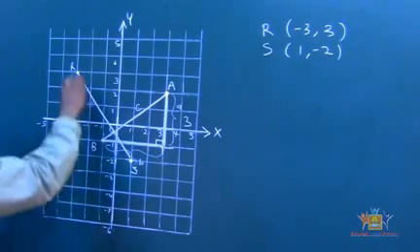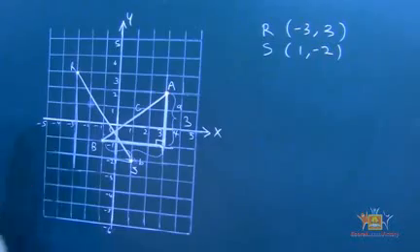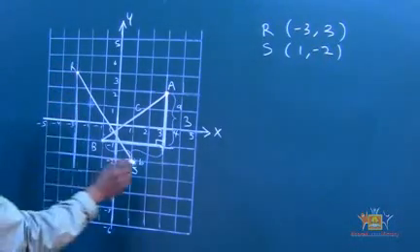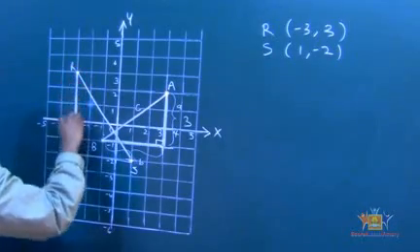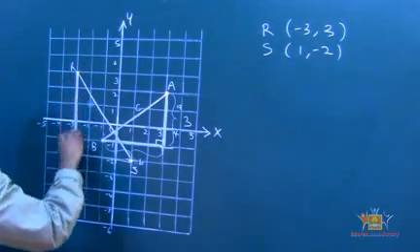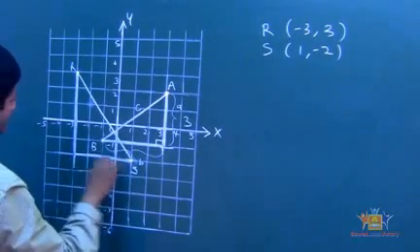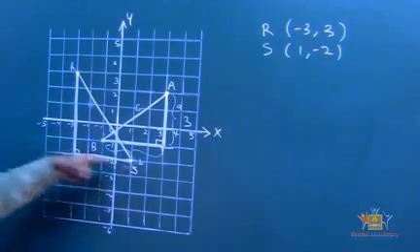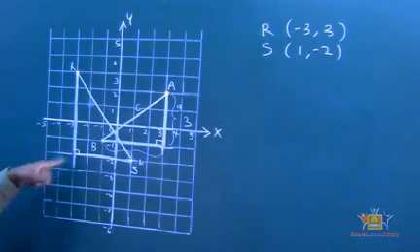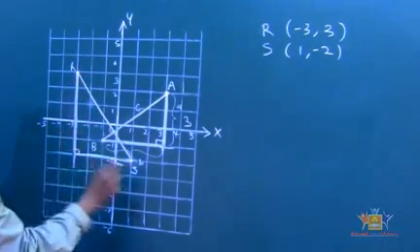So what do we do? We draw a vertical line and a horizontal line. See this intercepting right there? That's the point where we want to find the distance from R to that point and from S to that point, because that makes a right angle right there, and that makes a right-angled triangle.